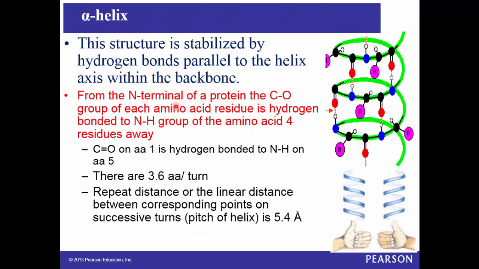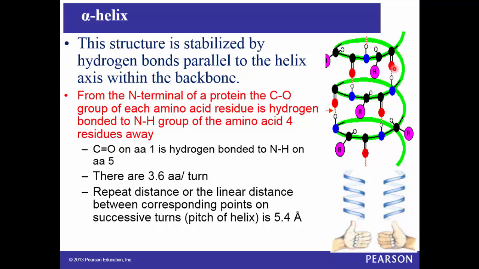Now we have something called the secondary structure of proteins, and an example of a secondary protein structure is the alpha helix. This structure is stabilized by hydrogen bonds parallel to the helix axis within the backbone. From the N-terminal of a protein, the CO group of each amino acid residue is hydrogen bonded to the NH group of the amino acid 4 residues away.